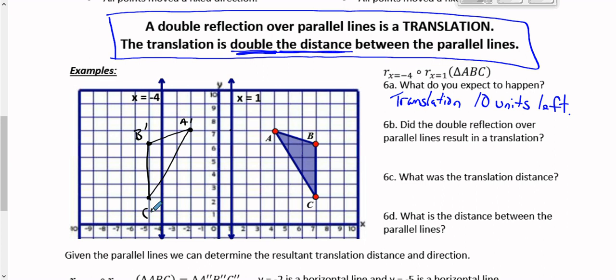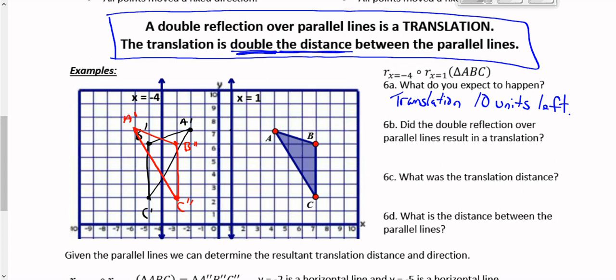And now I'll do my reflection. The other one, maybe I'll use red for this one, I don't know. So there's going to be B and C there, and that one like that. So now we got C double prime, and this is A double prime, and here is B double prime.